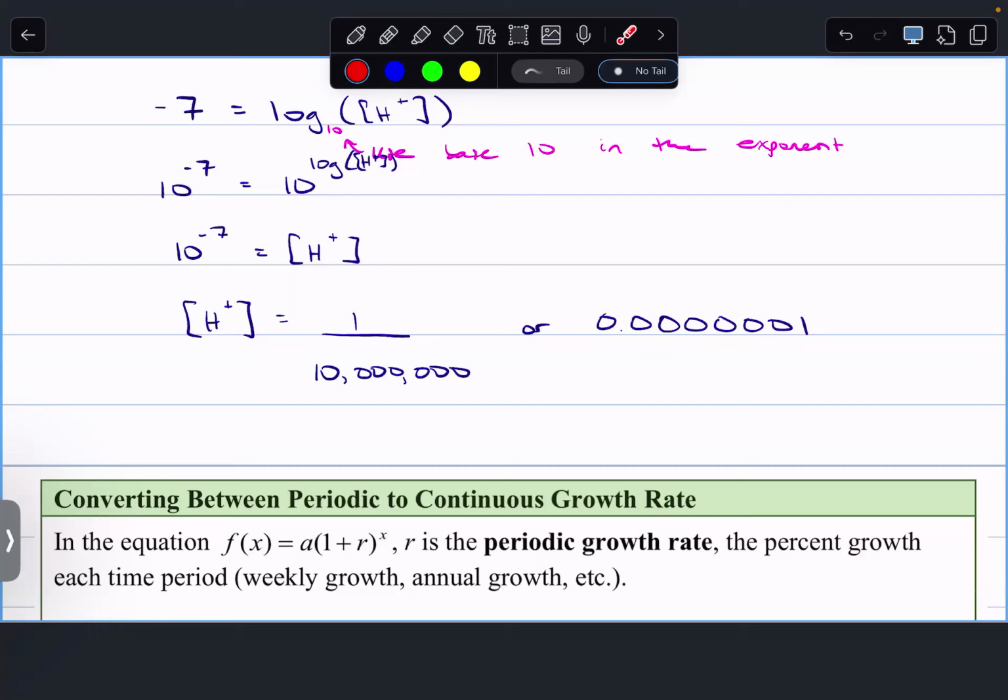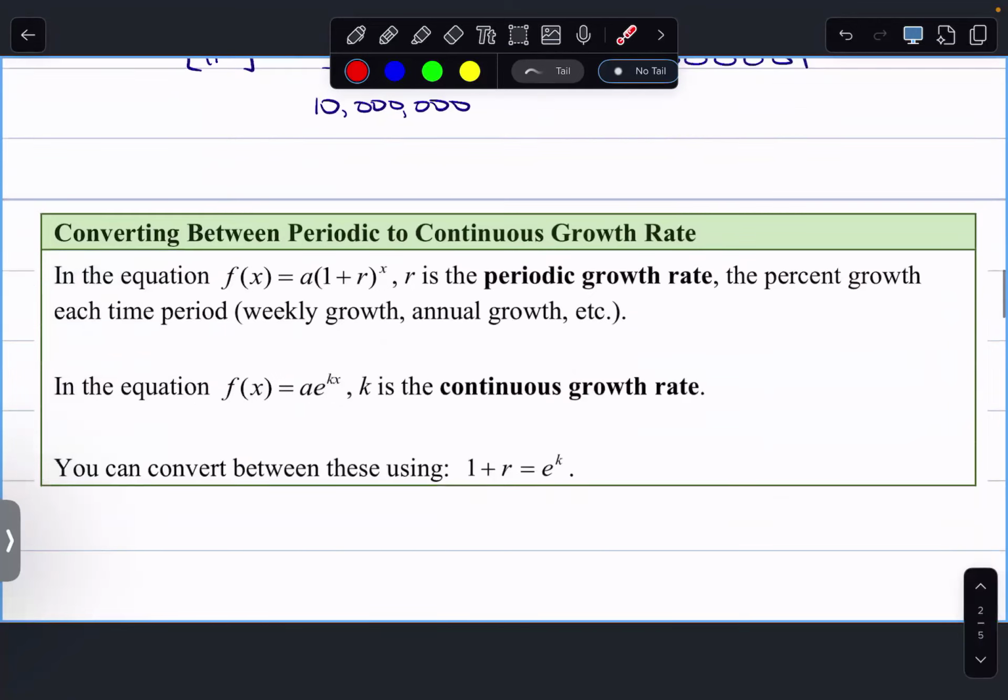Okay. So we'll work more with log properties today, of course, and we'll introduce some more log properties in the next section. But before we do, we can convert between periodic and continuous growth rates.